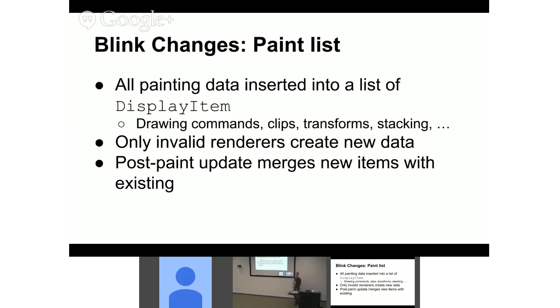The changes to outputting a display list are currently in progress. So some stuff has been changed, some stuff hasn't. There's actually a flag. I'm sorry, I should have put it on the slides. If you enable slimming paint, is that right? Yes. So if you enable slimming paint, you'll get this code path that outputs display items, but it will not work at all. You might pass some small number of tests. 490?